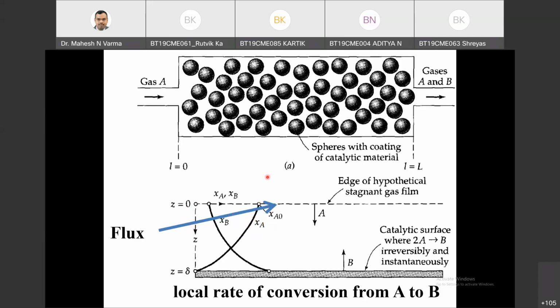Think that you ignited an agarbatti in your room. This is a very common example in mass transfer. At one corner you ignite the agarbatti, and the smell will come. What is that smell? Some aromatic fragrance compound.